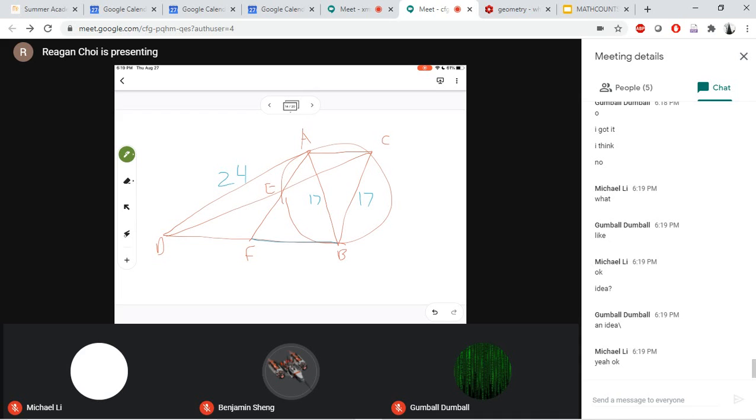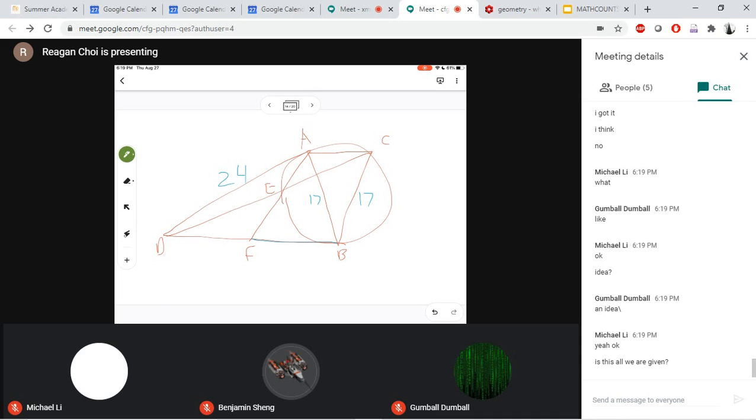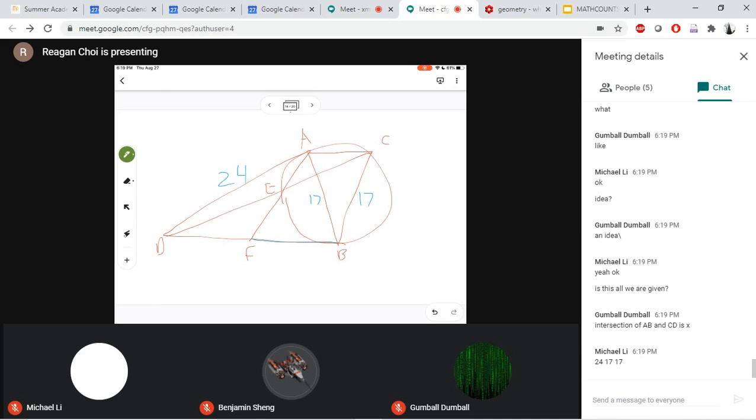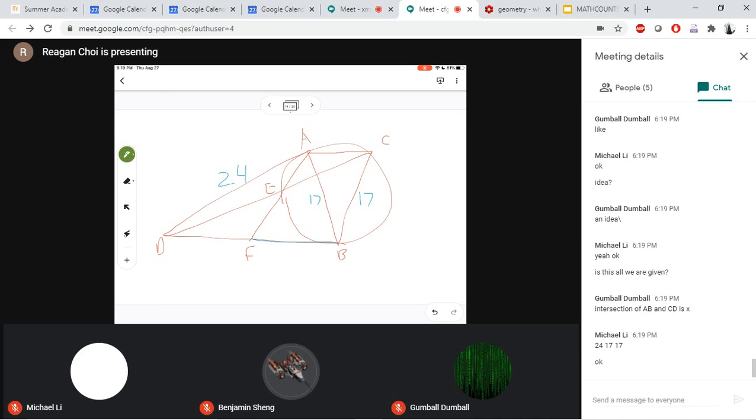You have an idea. Okay, what's the idea? This is all we're given, yeah. Tangents. DA and DB are tangents, but that makes sense. AB and CD intersect at X, okay.